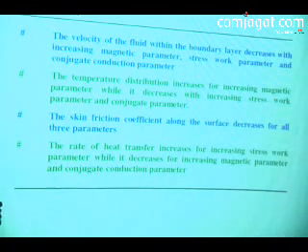The temperature distribution increases for increasing magnetic parameter, while it decreases with increasing stress work parameter and conjugate conduction parameter. The skin friction coefficient along the surface decreases for all three parameters, and the rate of heat transfer for increasing stress work increases while it decreases when increasing magnetic parameter and conjugate conduction parameter.